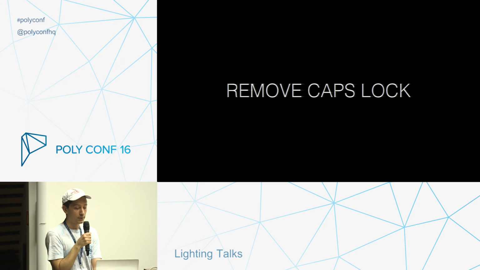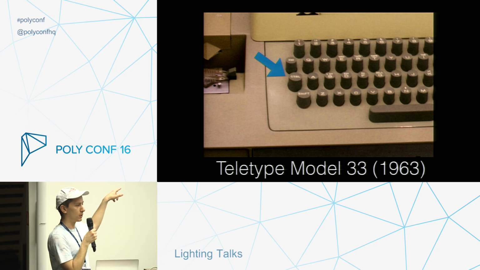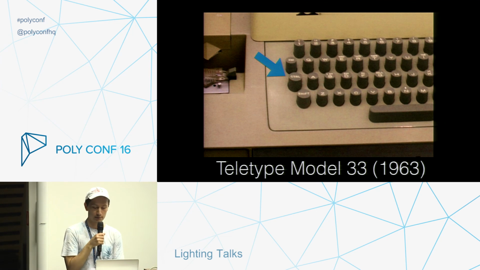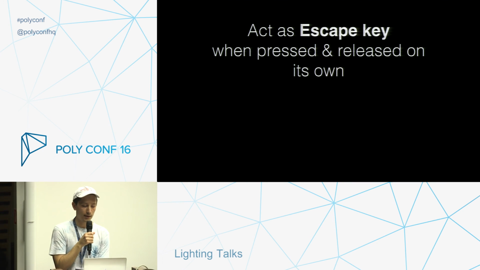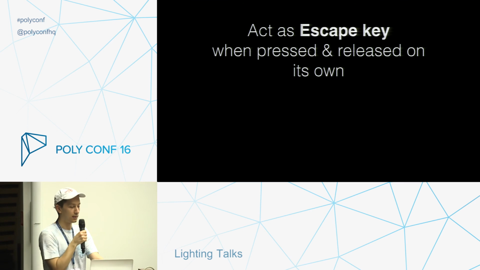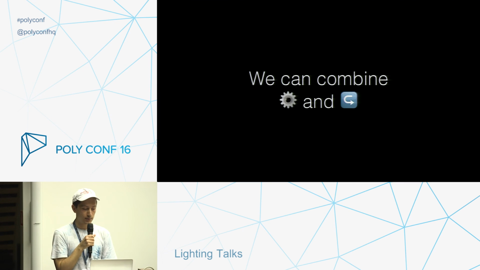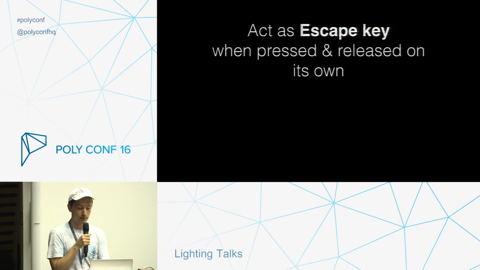We can remove caps lock because back then they didn't have flame wars on the internet, so they didn't need that key. So we can remove it and make it act as the escape key when pressed and released on its own.